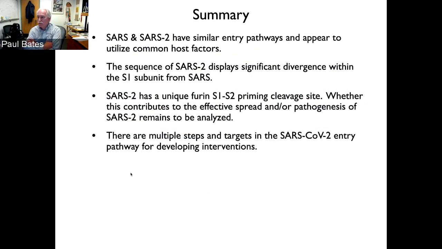S2 has a unique priming site, and whether this furin priming site contributes to spread and/or pathogenesis remains to be analyzed. And then, as I talked about at the end, there are a lot of different ways and a lot of different targets in the entry pathway that we could look at for developing interventions.